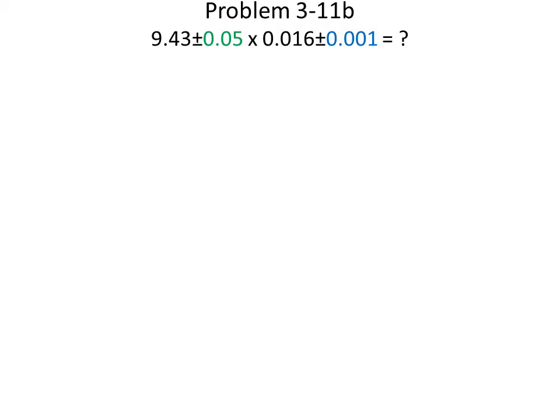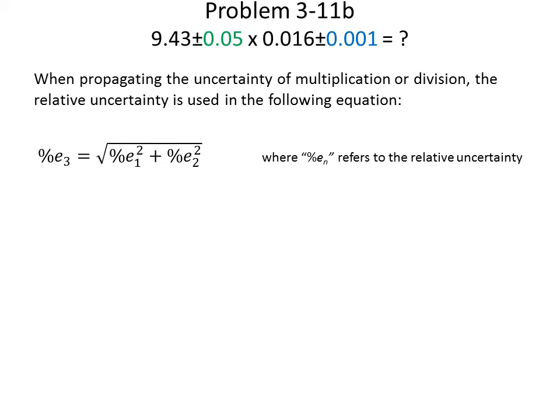Part B is 9.43 plus or minus 0.05 times 0.016 plus or minus 0.001. The percent relative uncertainty propagated is equal to the square root of the sum of each of the relative uncertainties squared.